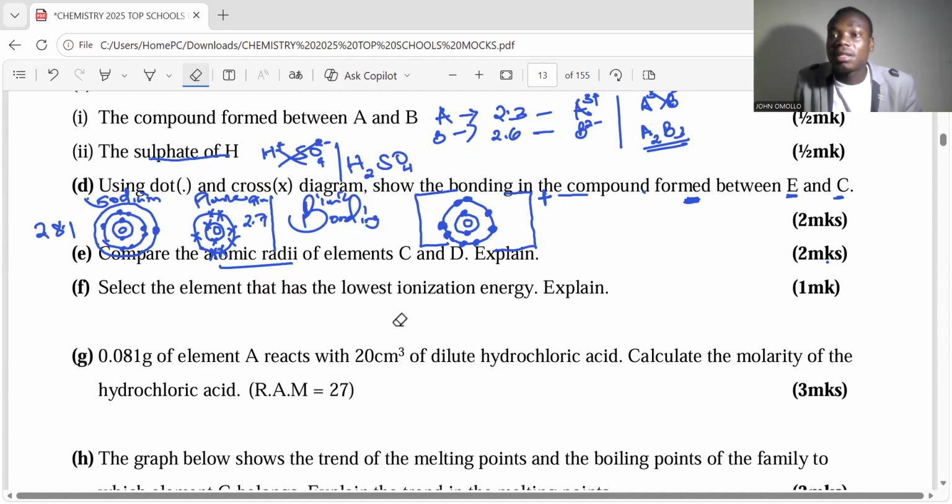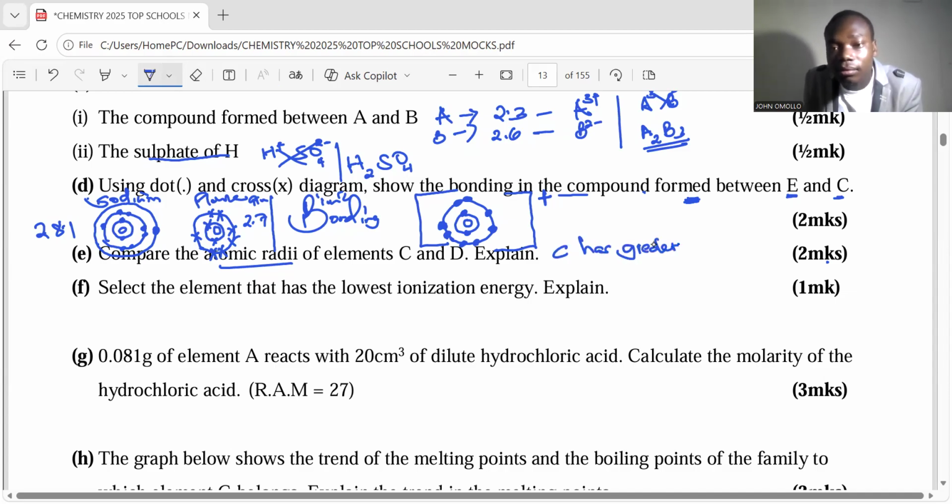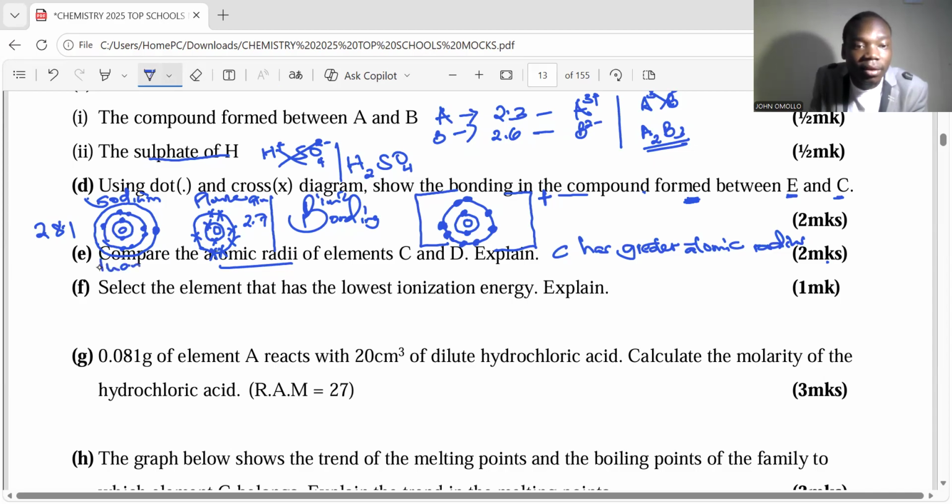That is what we are referring to as atomic radius. So in this case, I'm going to explain this way. We are going to say C has greater atomic radius than D.